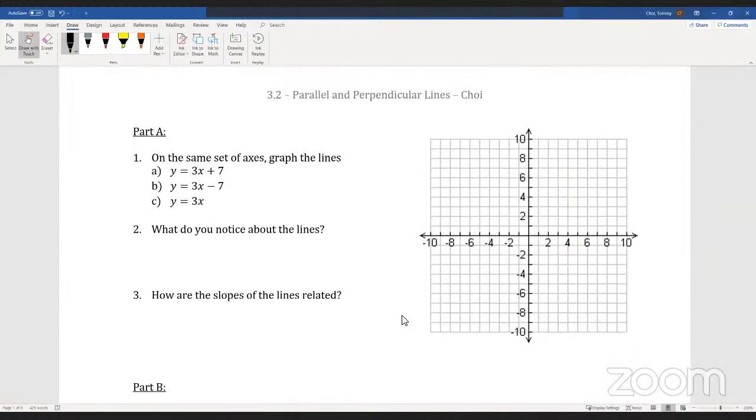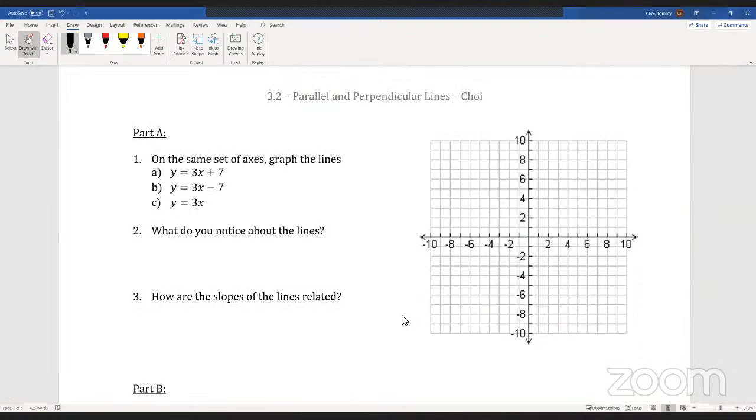So 3.2 here, part A, if we are to graph all of this, right? So 3x plus 7, 3x minus 7, and 3x. I'll do red, black, red, and orange. So 3x plus 7, we have a line that does this.